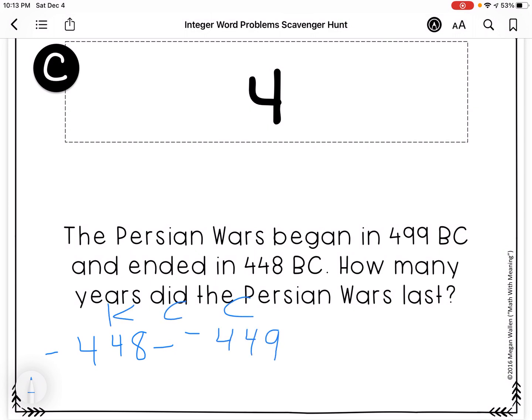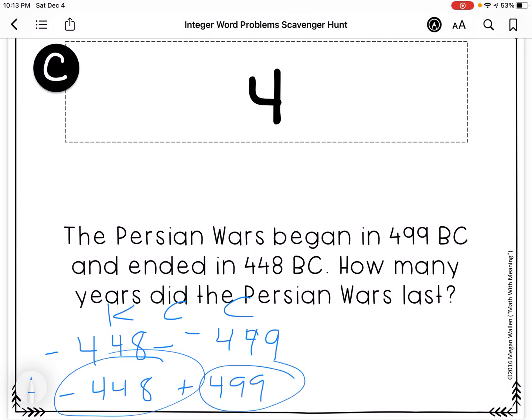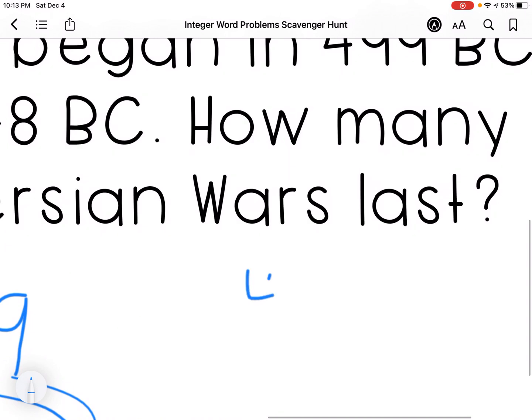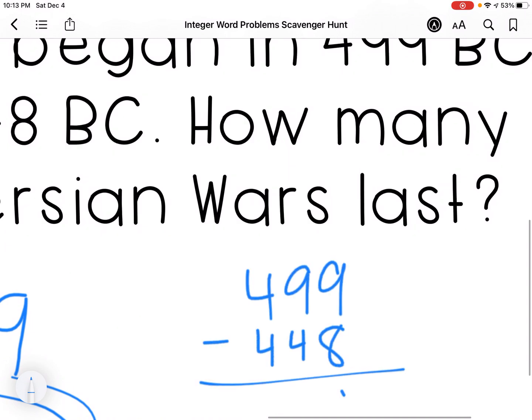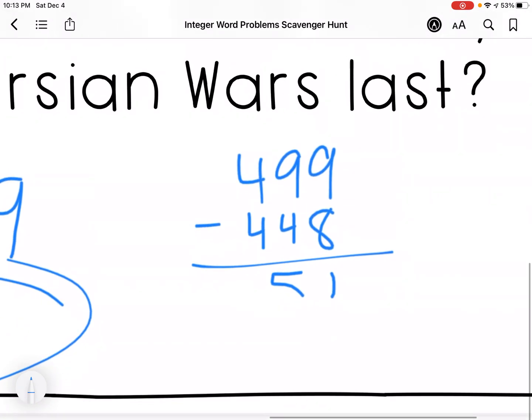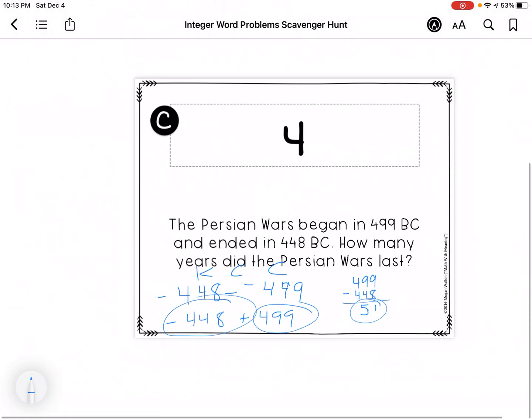Keep, change, change. Negative 1448 plus, oh, that's a 9. Jeez Louise. 1499. Signs are different, so I'm going to subtract. So they lasted 51 years.